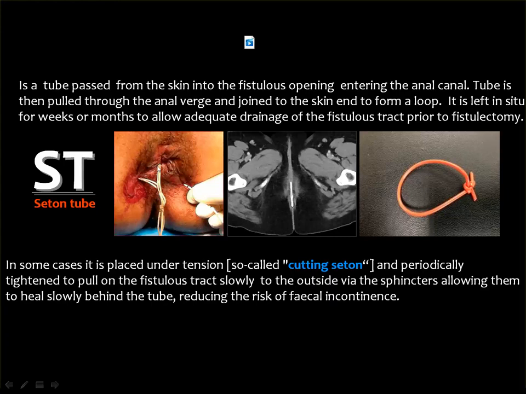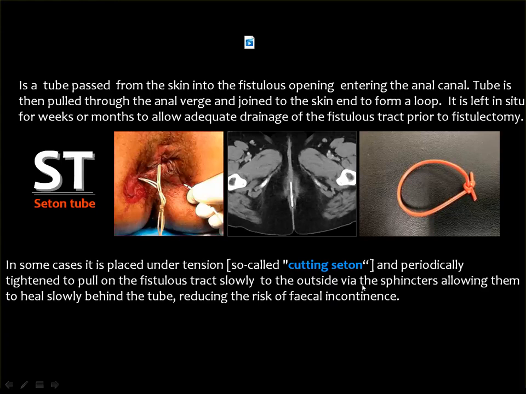And after some time you may induce more tightness of the seton tube, and this will, as written here, be periodically tightened to pull the fistulous tract slowly to the outside.